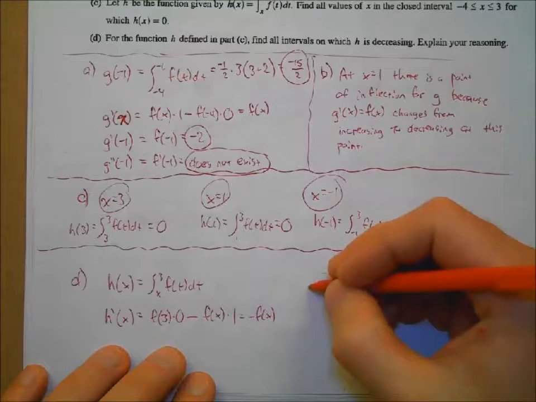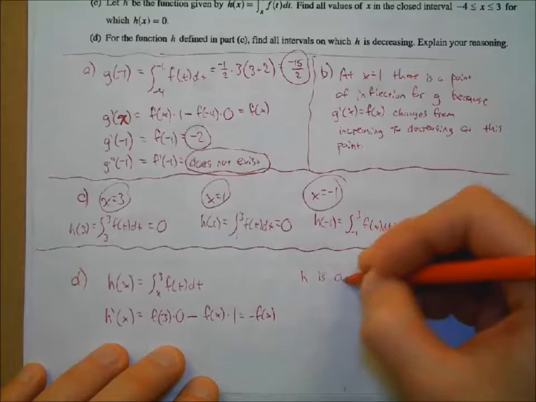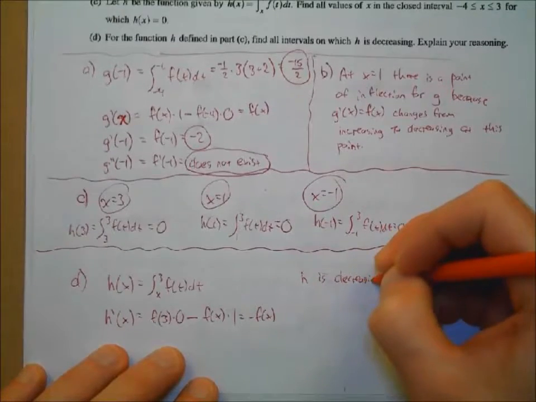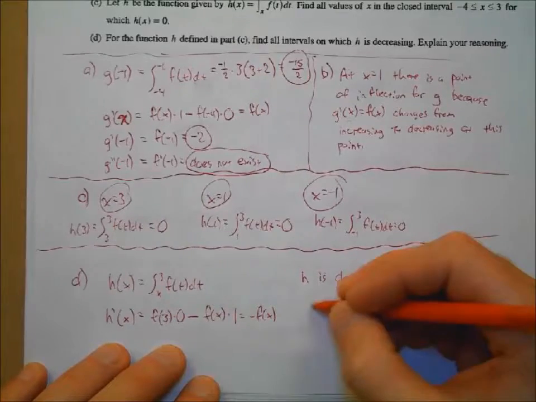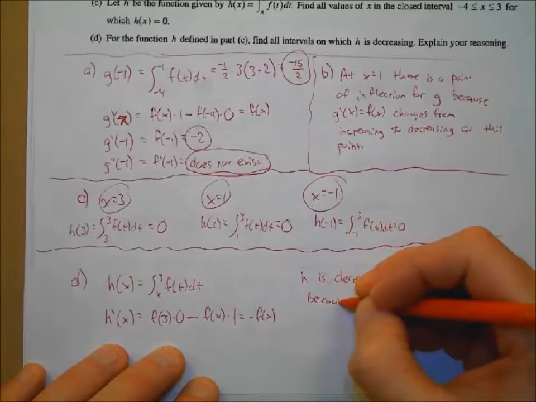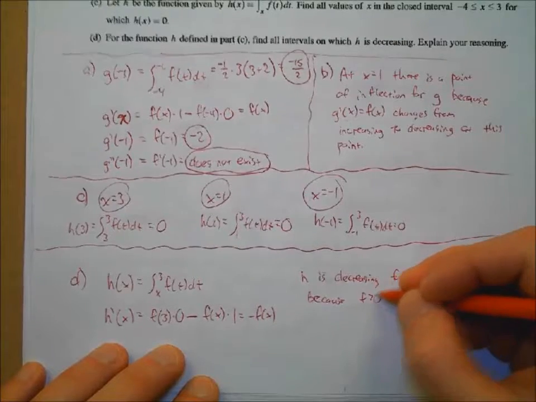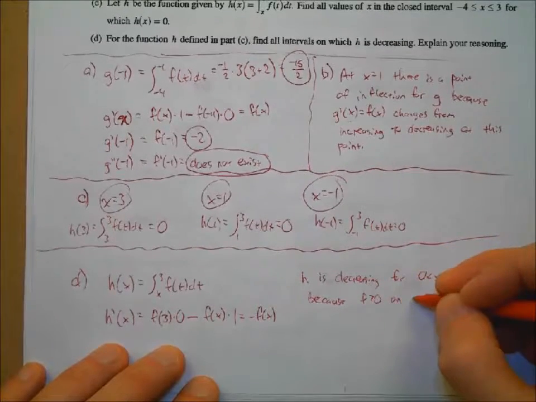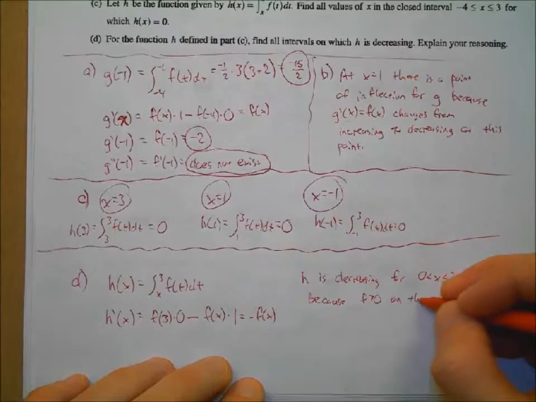So you can say something like, h is decreasing for 0 less than x less than 2 because f is greater than 0 on that interval.